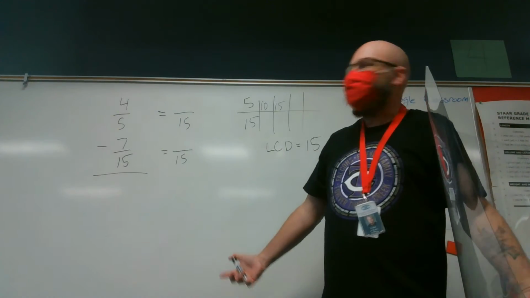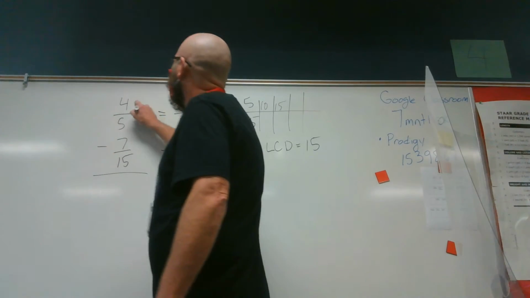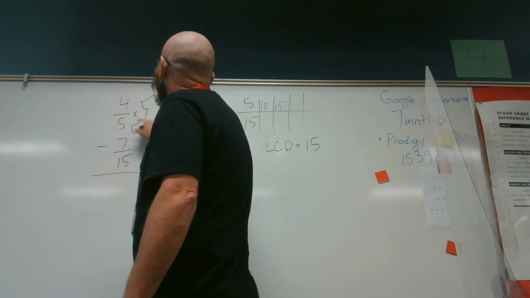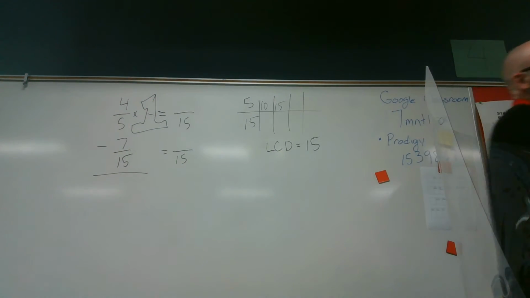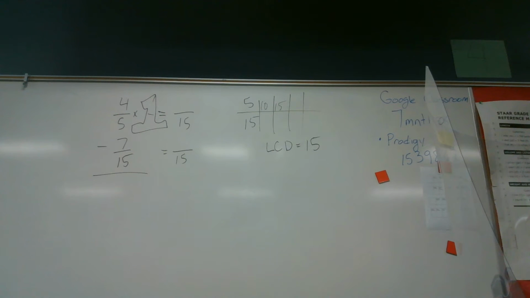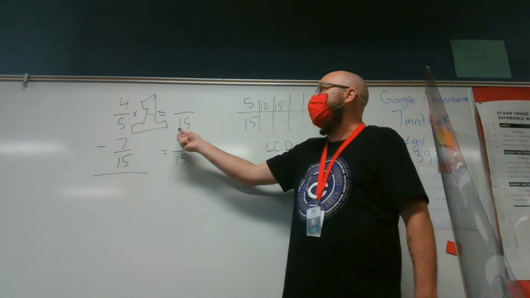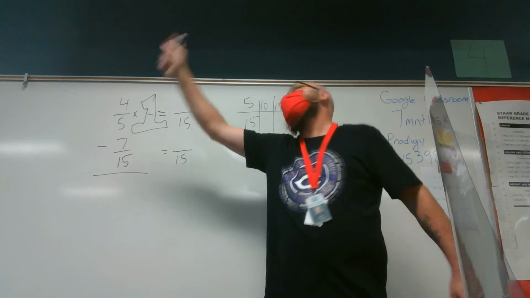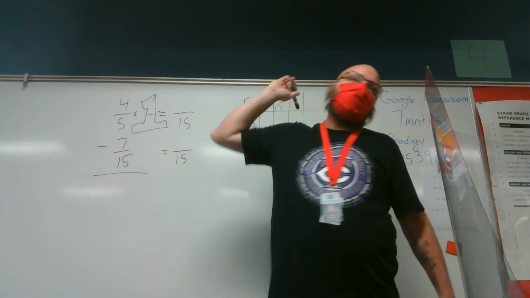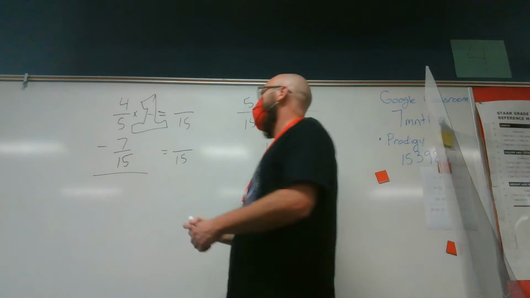Didn't change the value. So if I multiply 4/5 by a fraction that equals 1, I'm just changing what it looks like. And I know that my denominator has to be 15. So I ask myself, 5 times what is 15? And myself says 3.